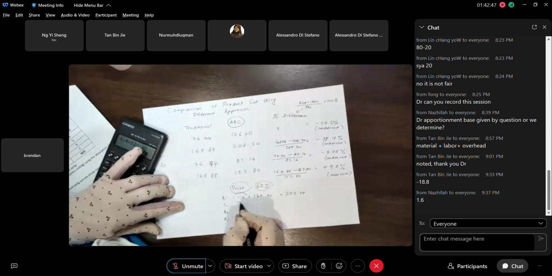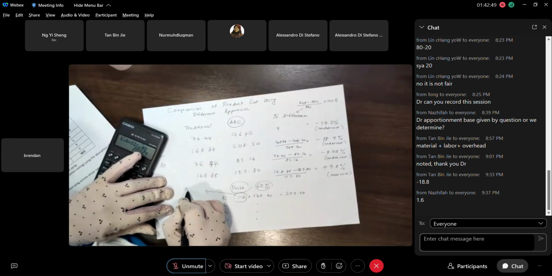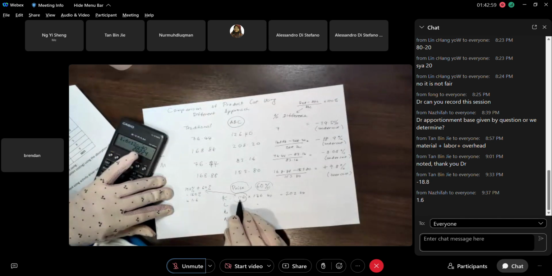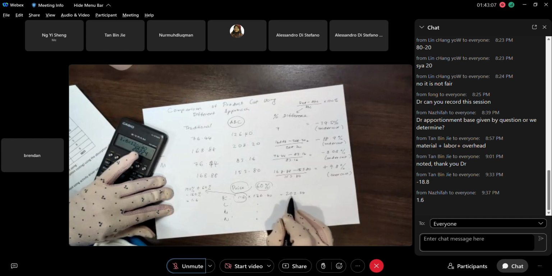What is 1.6 here? It is 100% at the cost plus 60% profit. So you get 160% or 1.6. Okay, so that's why 1.6. This is cost plus the profit lah. And so the price is 202.